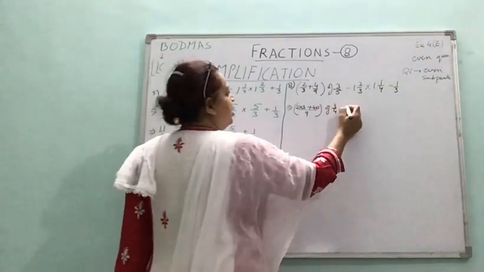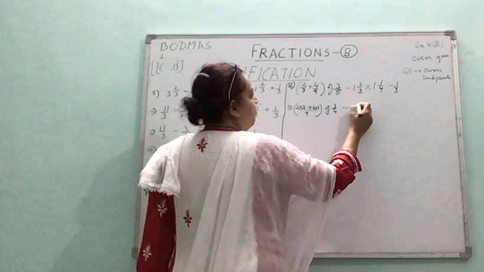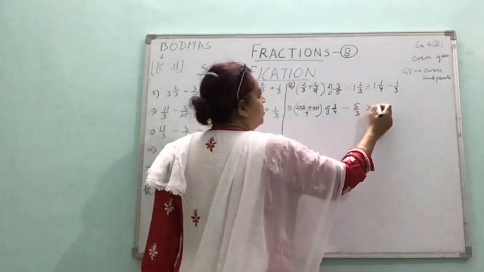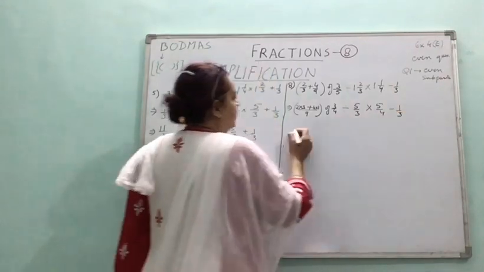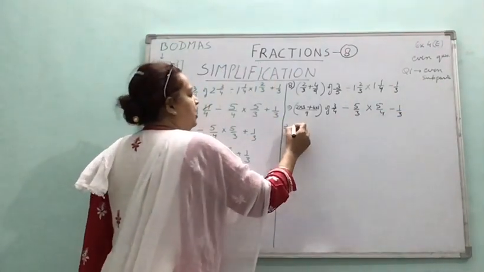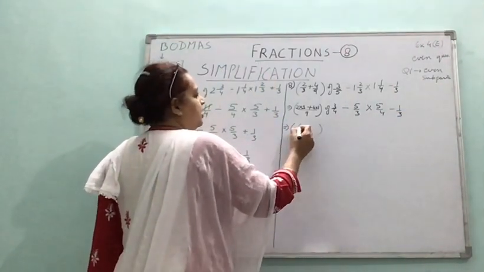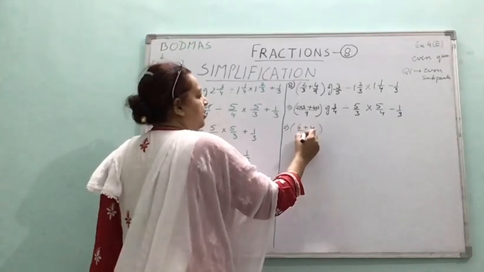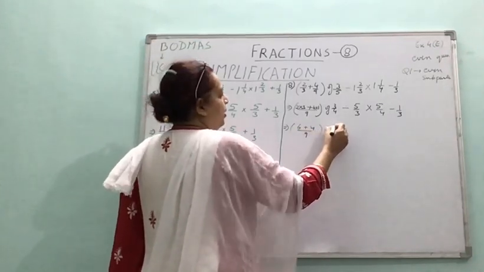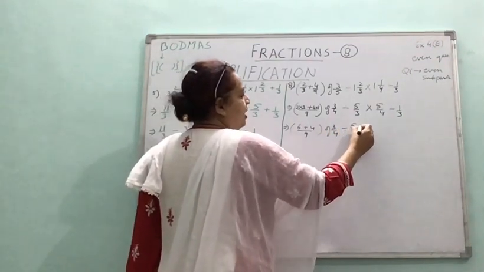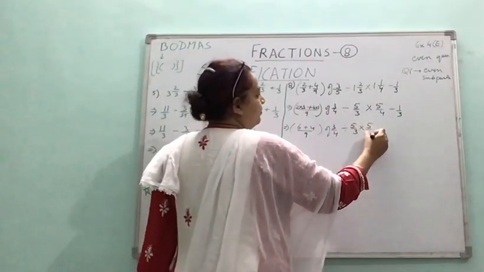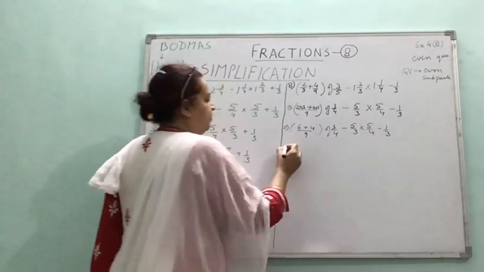This is mixed fraction. I'll convert it to improper fraction. 5 by 3 into 5 by 4 minus 1 by 3. Alright. So in the bracket, what do I get? 6 plus 4 by 9. Rest all I'll copy as such only. Don't make any changes anywhere till brackets are simplified.